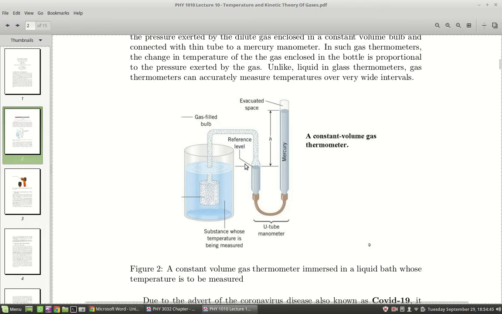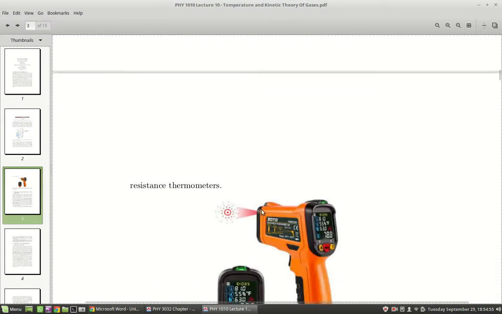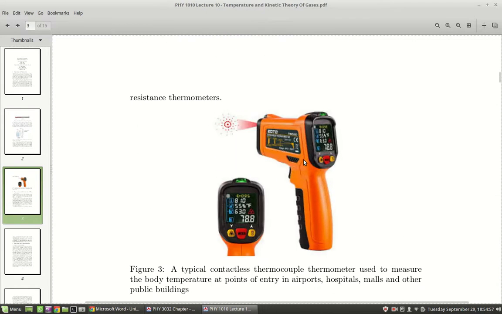So basically, we've got gas thermometers, and with the advent of COVID-19, you have seen use of a new kind of thermometer, which is a contactless thermometer like this. These contactless thermometers are actually a kind of thermocouple, but without wires. There is no contact, and you can use them to measure temperature.